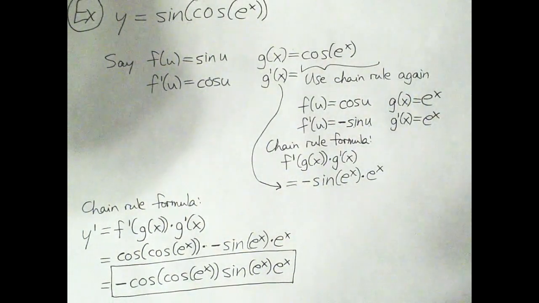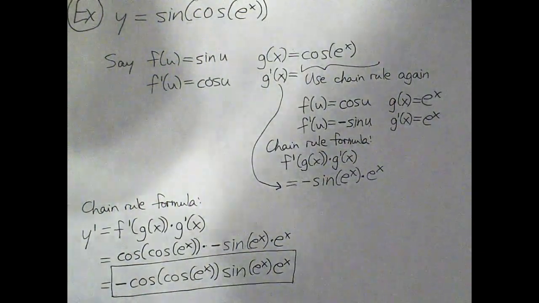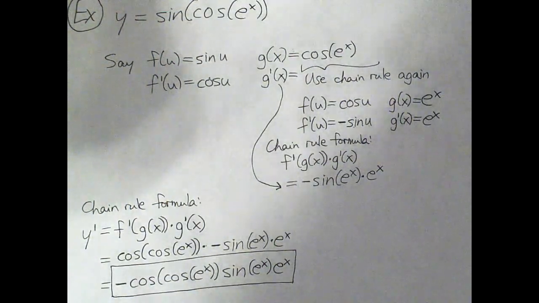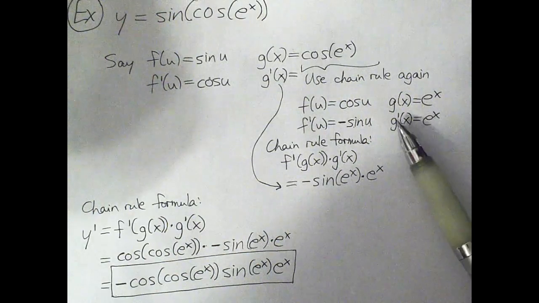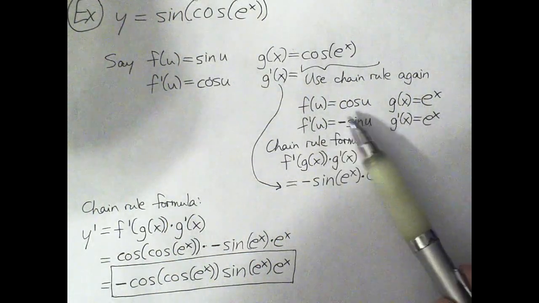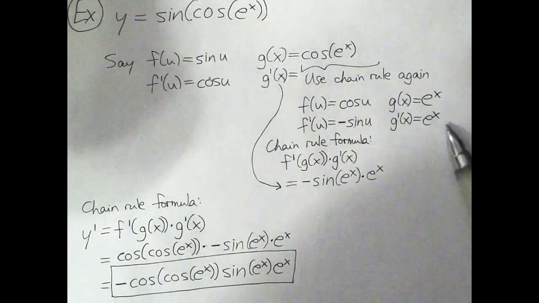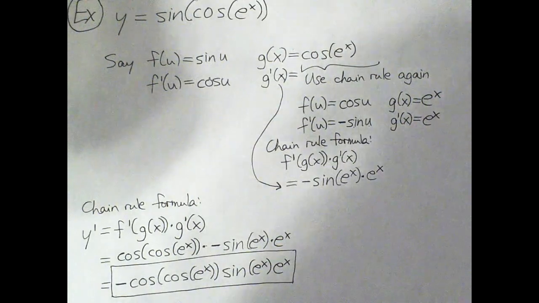All right, so this is the part where I tell you that this sort of thing can happen. You could have a problem where you have to use the chain rule more than once. Sometimes you might have to use it 3 times. Like, what if we were trying to find this g prime or this f prime and we had to do the chain rule again. That could happen. And this is basically why it's called the chain rule.